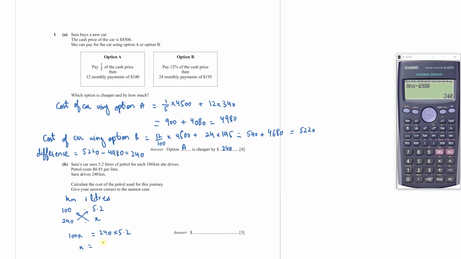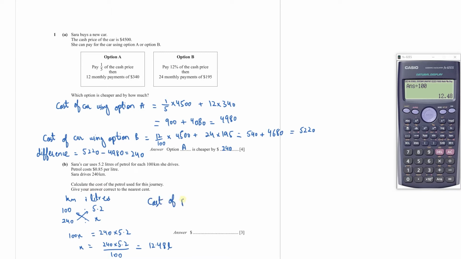So x will be 240 into 5.2 over 100. So 240 multiplied by 5.2 divided by 100. So she will use 12.48 liters of petrol.